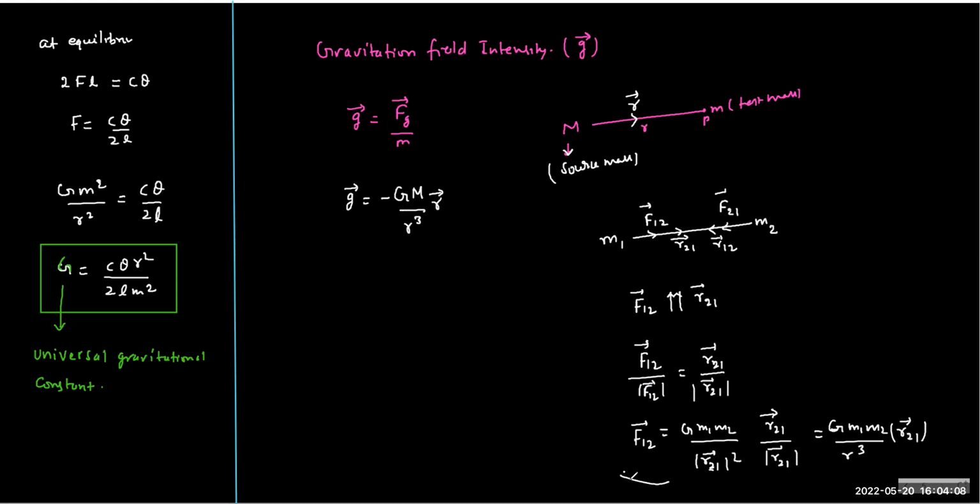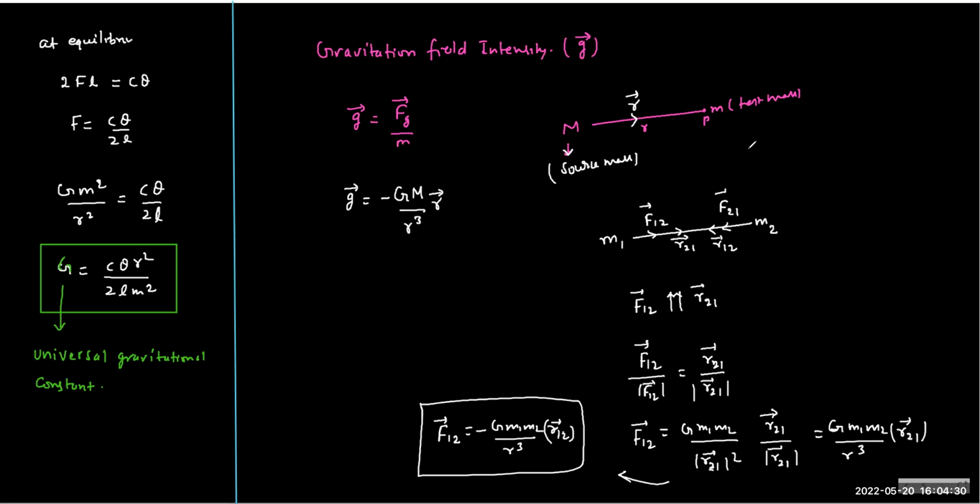So you can write F12 as minus G M1 M2 upon R cube into R12. I can just switch the order so that it looks nice. So 1-2, 1-2, 1-2 everywhere, right?